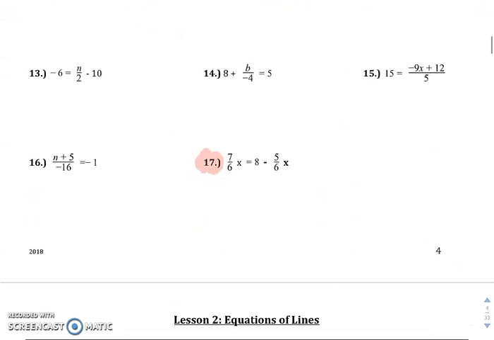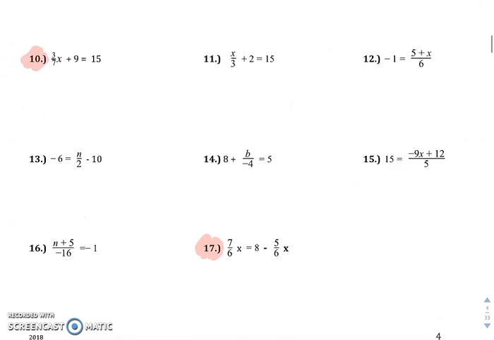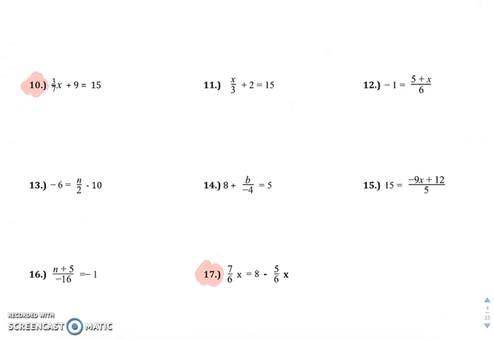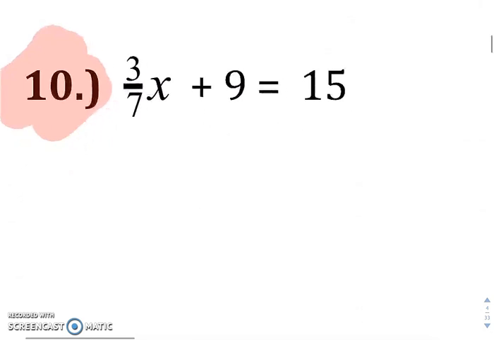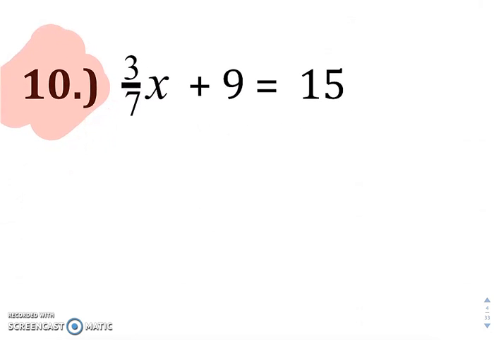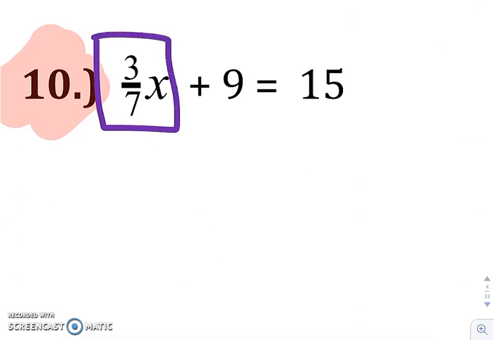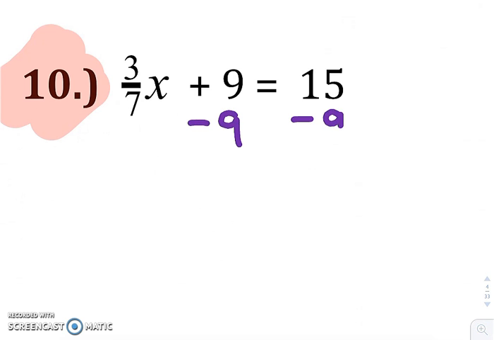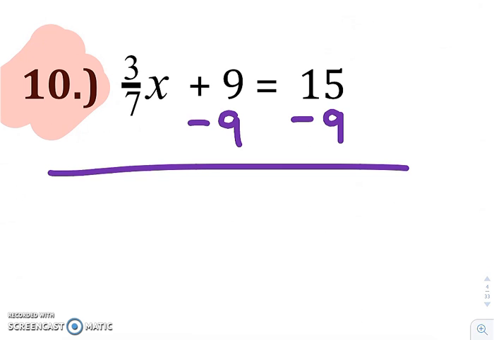So I'm going to go to this next page here and we'll try the 2 I have highlighted there. So here, 3/7 x plus 9 equals 15. Same thing, guys. That fraction needs to be by itself. So we need to get rid of the 9. So 3/7 x now equals 15 minus 9, 6.